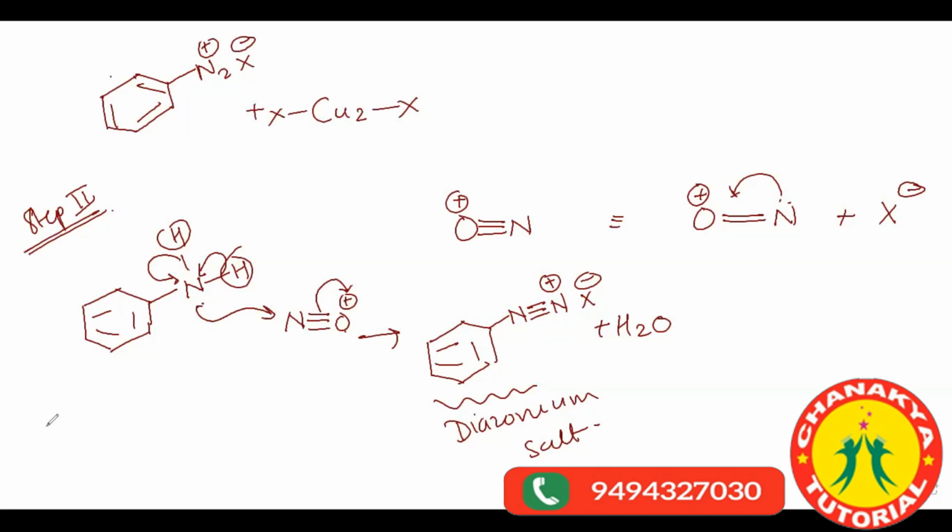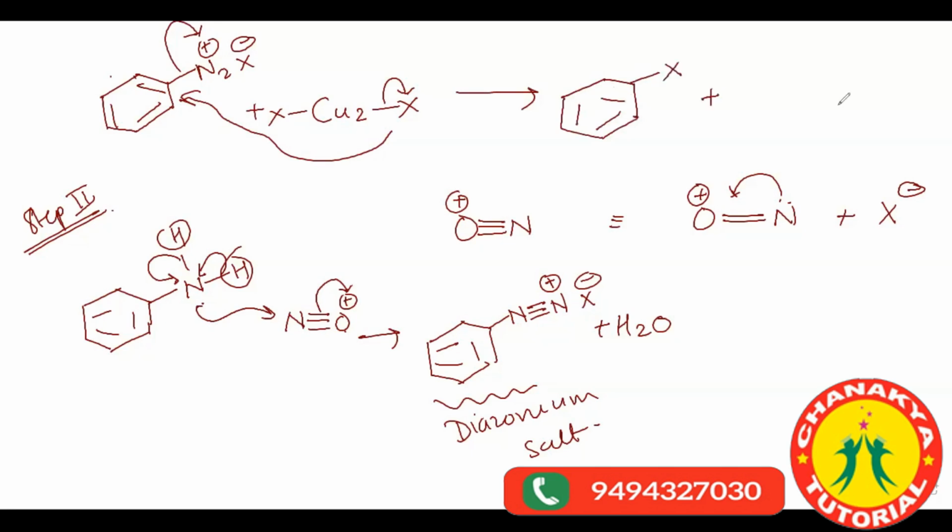Yes or no? So what happened in this case? This halogen would be released and it will be attached here at the place of nitrogen. Nitrogen would get detached. You will get haloarenes. The X plus again Cu2X2, because the released X also goes with the copper and your catalyst would be regenerated. Understanding? Clear?